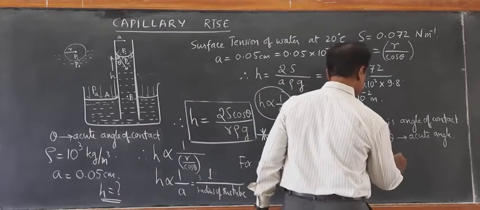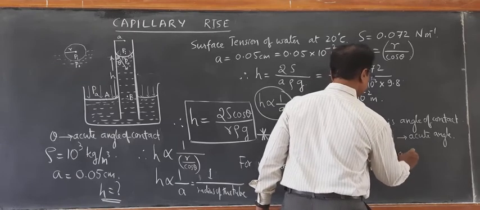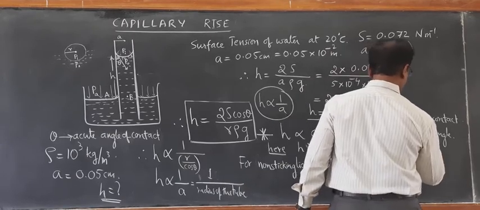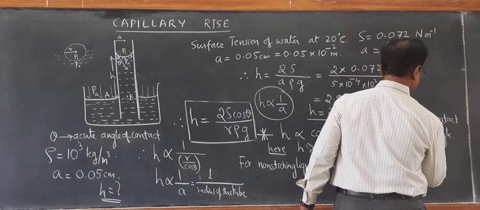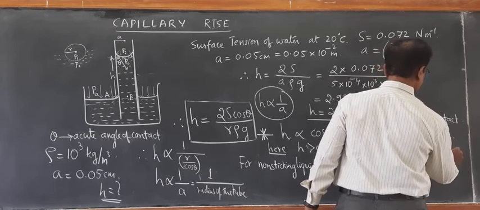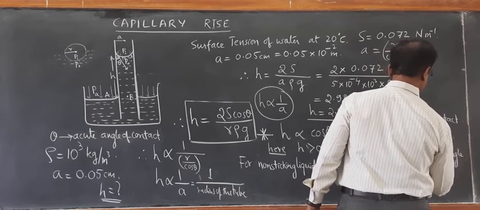Theta is more than 90 degree. That is obtuse angle of contact. They will have obtuse angle of contact.